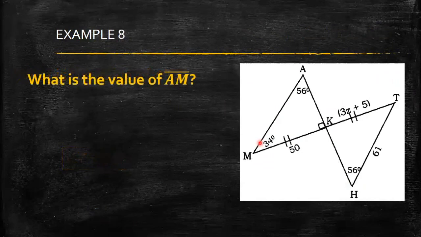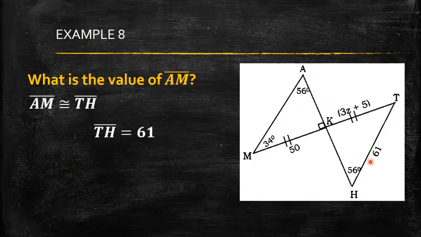So, next, what is the value of segment AM? Since si AM ay congruent kay TH at si TH ang value niya ay 61, then AM is equal to 61 also because they are congruent.